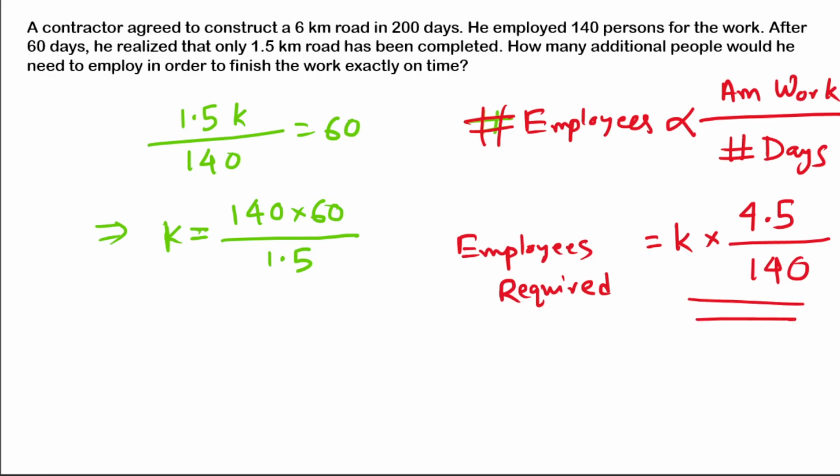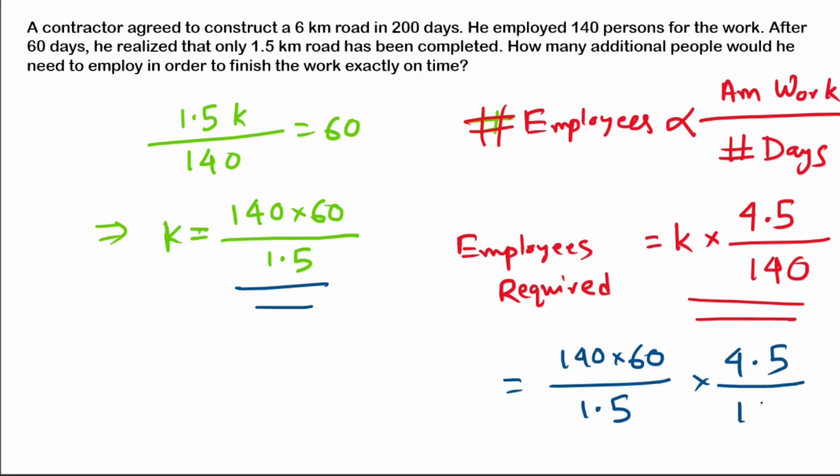Now if we calculate this, we have k from here, so this is 140 into 60 by 1.5, and this is 4.5 by 140. Again many things cancel out: 140 cancels out, and 4.5 by 1.5 is going to be 3, so this comes out to be 180.